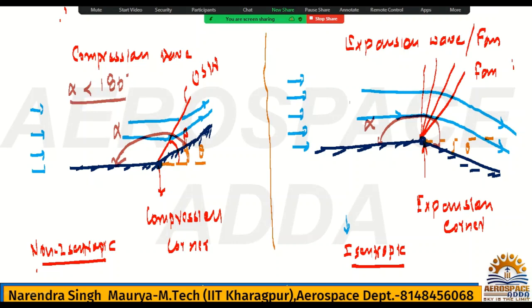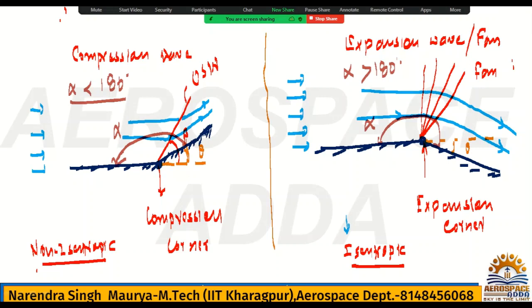Compression corner. And if alpha is greater than 180, then what corner will be created? Expansion corner. Remember this, they can ask you in examination. So this is a very brief discussion about the compression corner and expansion corner, when an expansion corner will be created and when a compression corner will be created.